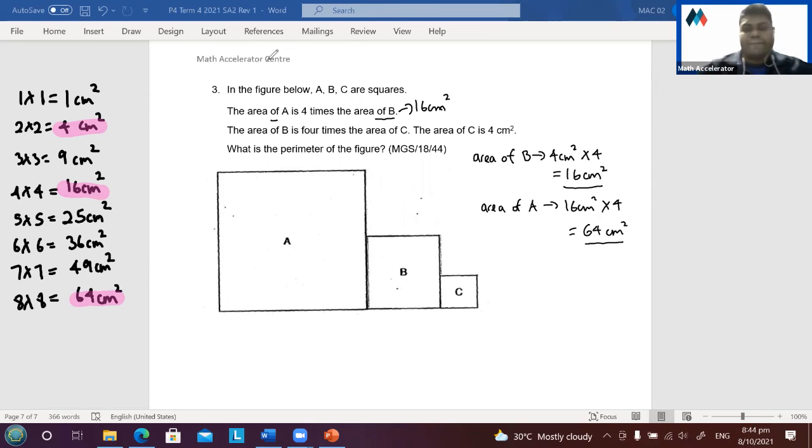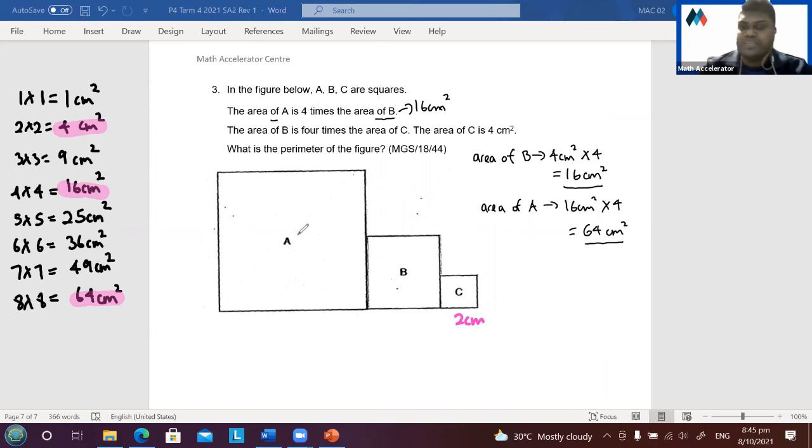All right then. So now I'm going to ask the class question by question, okay? What is the length of C? Length of C. So answer. This is 2 cm.